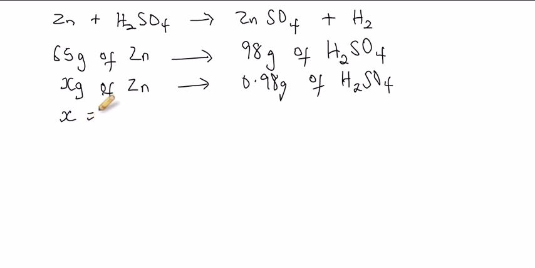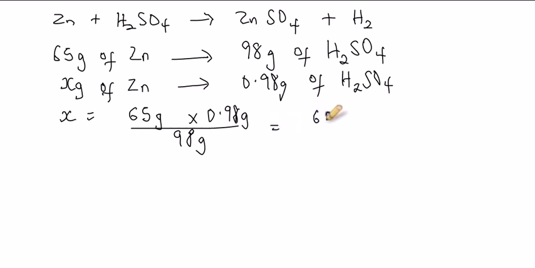X equals 65 grams multiplied by 0.98 grams divided by 98 grams, and this equals 63.7 divided by 98 grams, which is equal to 0.65 grams.